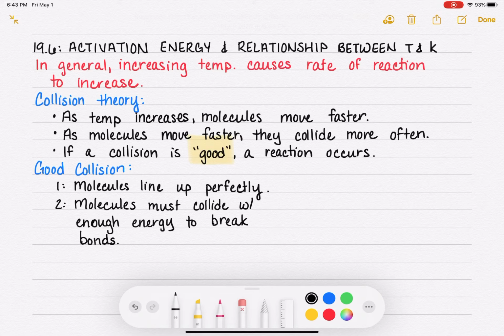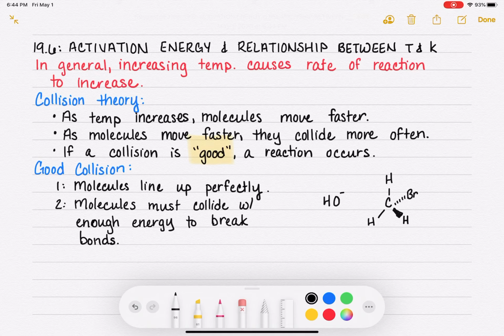So what does this good collision concept look like? Let's take a look at an example of a reaction that we study very early in organic chemistry. I'm going to draw this molecule three-dimensionally. This is a carbon with a bromine and 3 hydrogens on it. One of the things that will react with this molecule is a hydroxide ion, which I'm actually going to draw backwards from how you're used to seeing it. The reason for that will become clear in a minute.